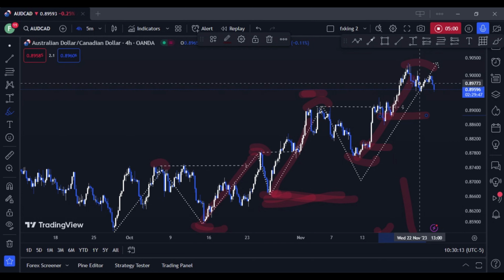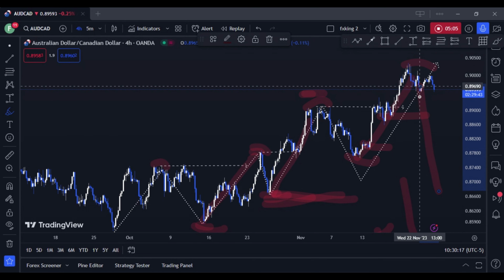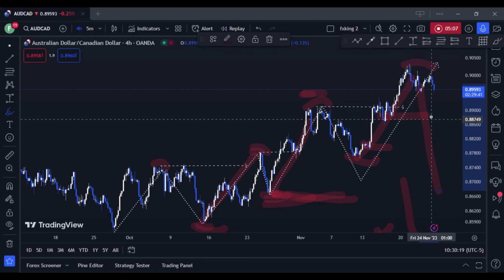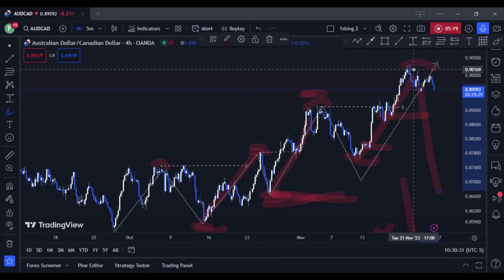Therefore, we will take the range from this high to the lower low as our new trading range. But at this moment our trading range is still from here to here.